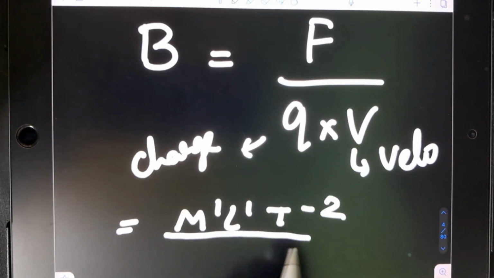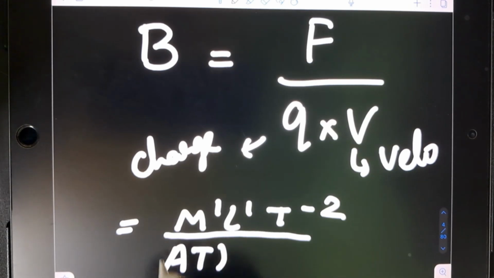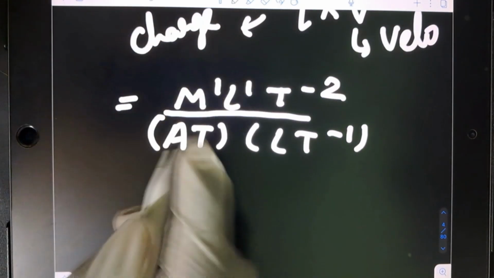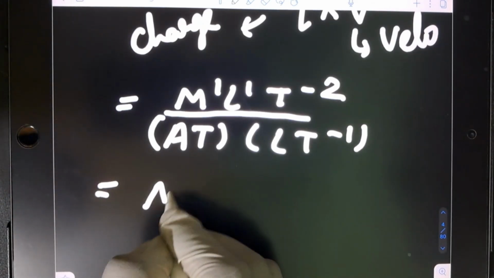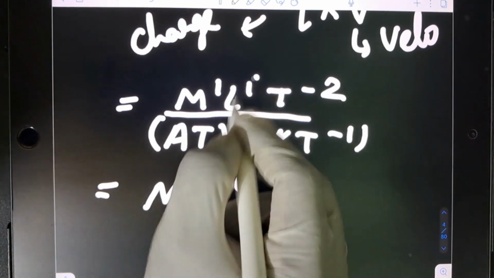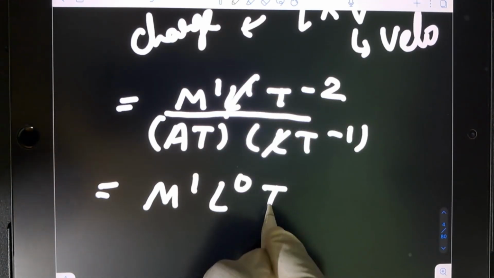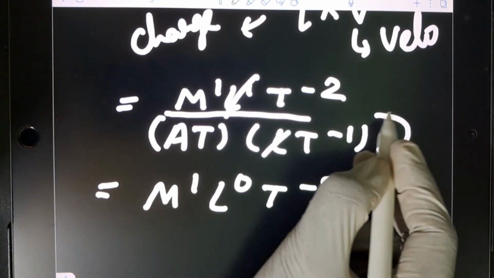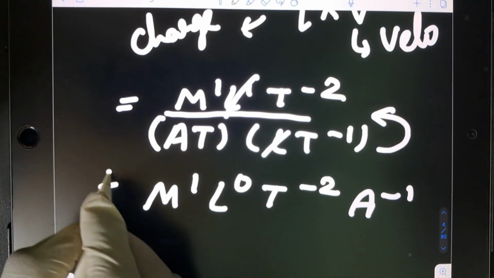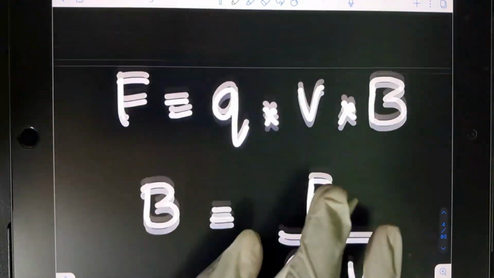Here charge is equal to current into time, A into T, and velocity is L T power minus 1. Now on cancellation of length and reciprocation we get M power 1, L power 0, T power minus 2 and A power minus 1. This is the dimensional formula of magnetic field.